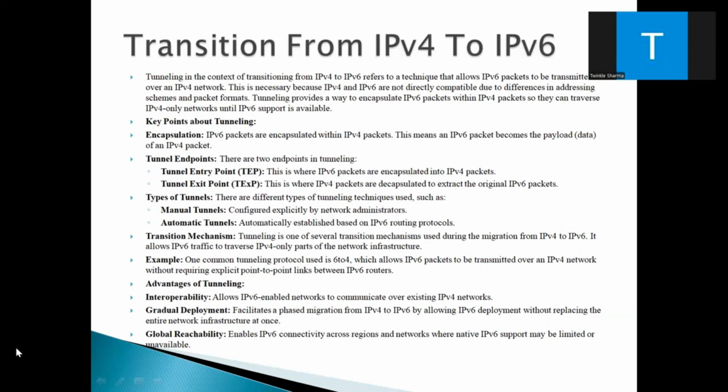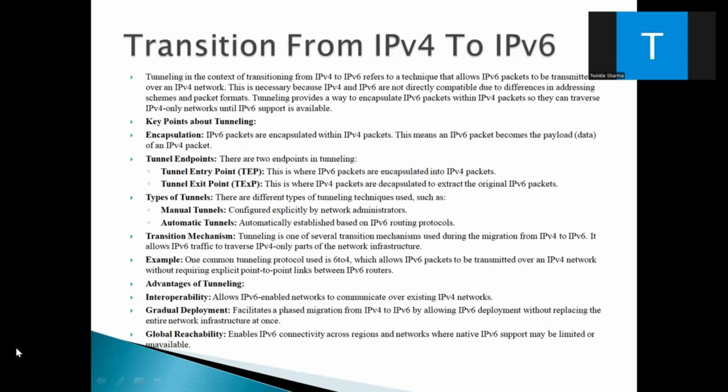Okay. Then types of tunnels. There are different types of tunneling techniques used, such as manual tunnels and automatic tunnels. Manual tunnels are configured explicitly by network administrators, and automatic tunnels are automatically established based on IPv6 routing protocols. Transition mechanism: tunneling is one of several transition mechanisms used during the migration from IPv4 to IPv6.